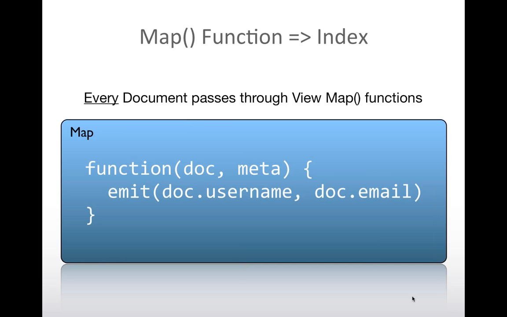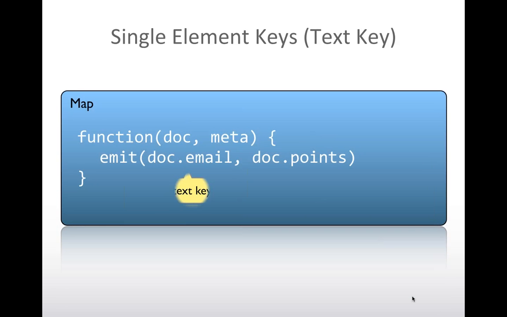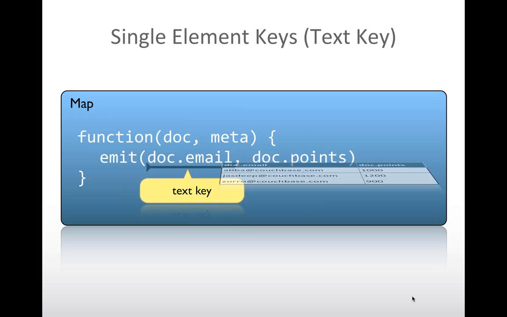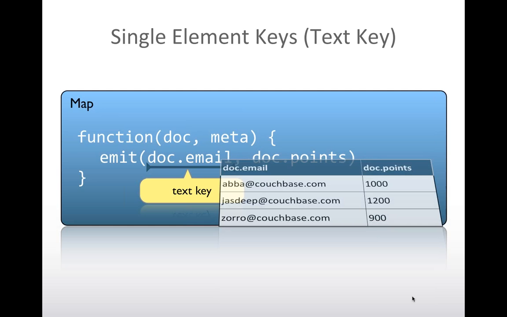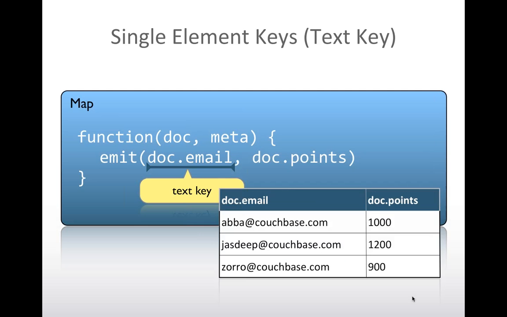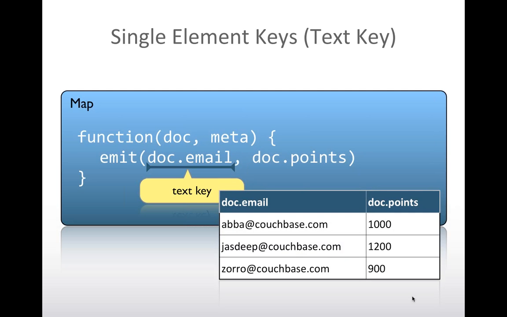If we look at what the emit will do, it will create a key inside the index that will be stored on disk in a B tree that will look this way. So in one part of the index, I have the key that is the email, and the value associated to this specific key is the number of points for the specific user in this case.